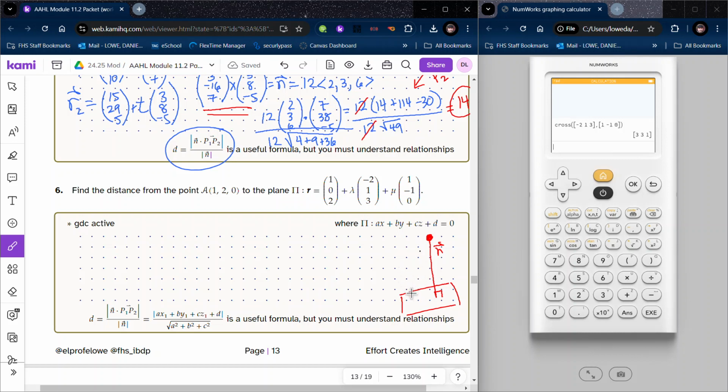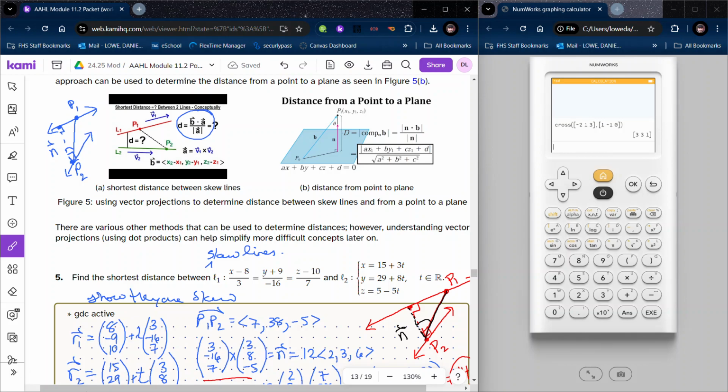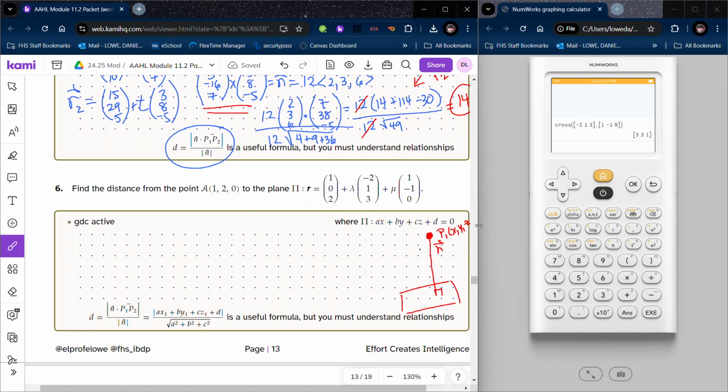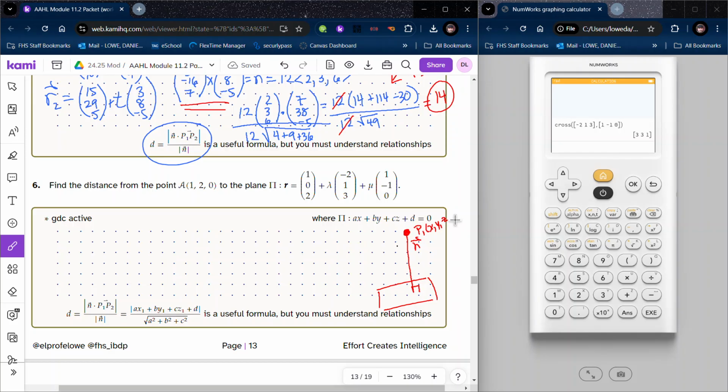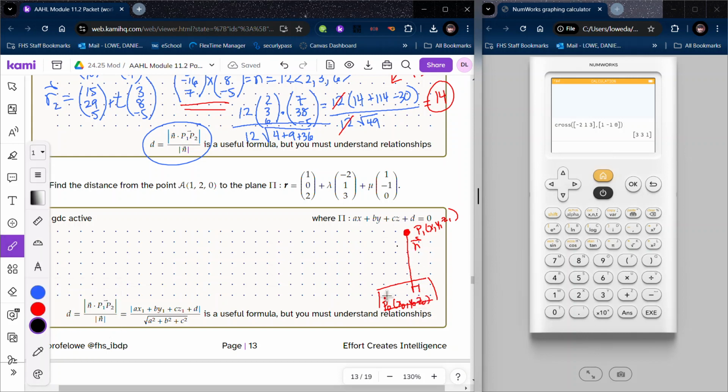I can do this using projections by considering that if I have point 1, x1, y1, z1, and some P naught somewhere in the plane that we'll just say is x naught, y naught, z naught, then I can think about the vector going from P naught to P1 and consider the angle between the vector and the normal.